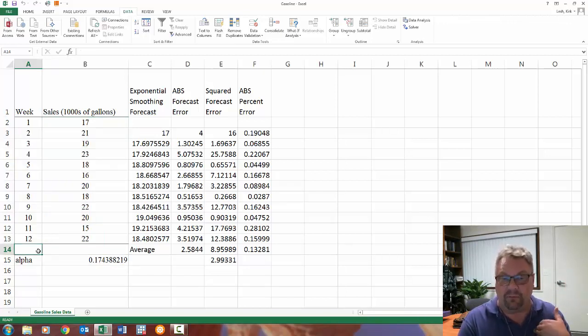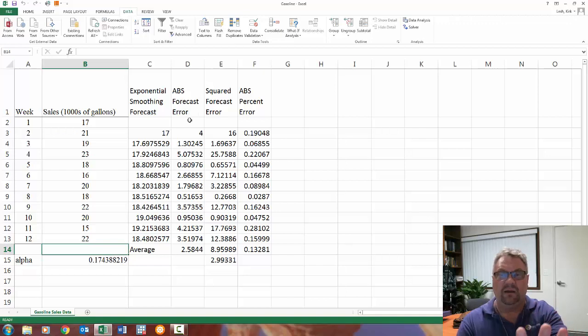So my forecast for period 13 would be the average of periods 1 through 12, right? And then I calculate my ABS forecast error, squared forecast error, and ABS percent error. Then I would do the exponential smoothing, minimizing the value of alpha that, say, minimizes the squared forecast error.